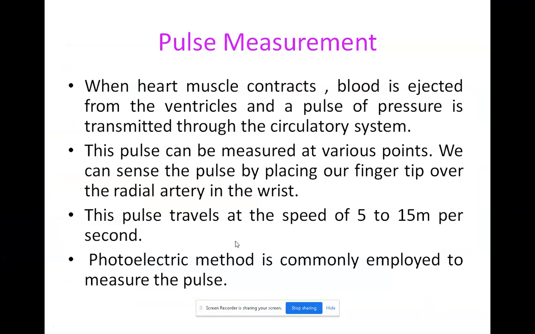This pulse can be measured at various points. We can sense the pulse by placing our fingertip over the radial artery in the wrist. Doctors check the pulse in the wrist of the hand.